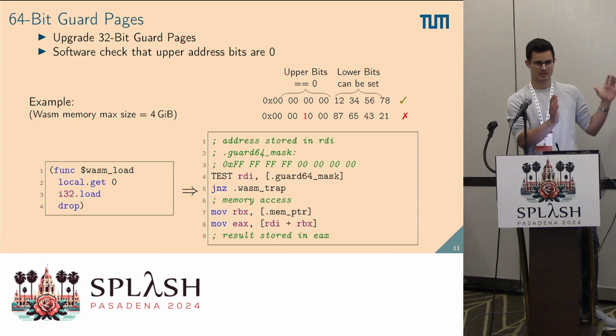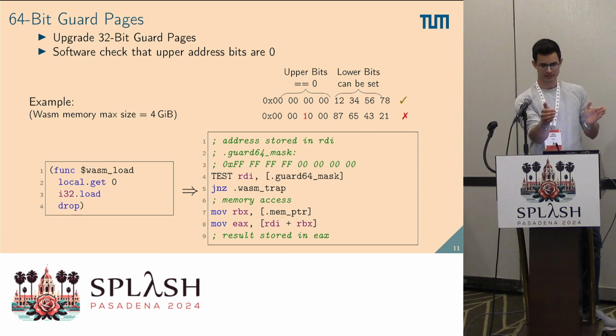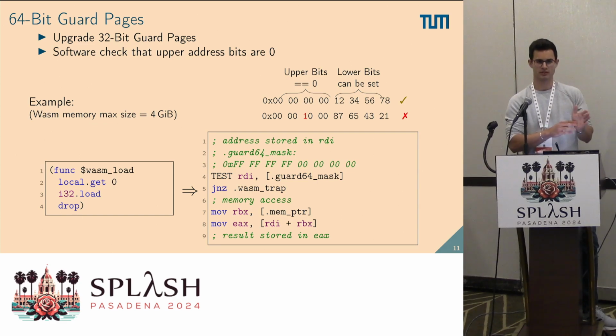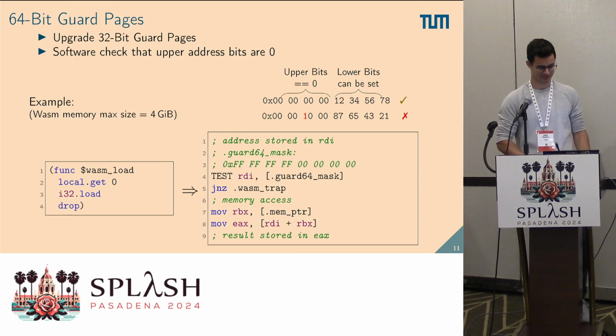So we just look whether we would overshoot our guard pages, then we jump to the trap code, and if not, we can just reuse what I showed for 32-bit WebAssembly. So this eliminates the need for loading the memory size, which should be good in multi-threaded environments, but we'll see in the benchmark how this turns out.